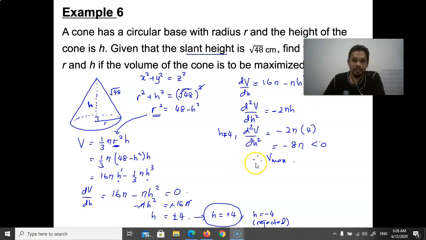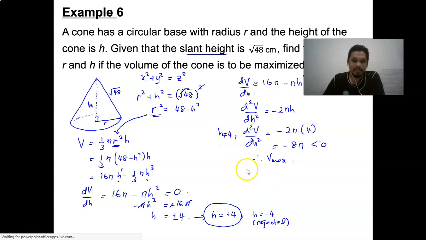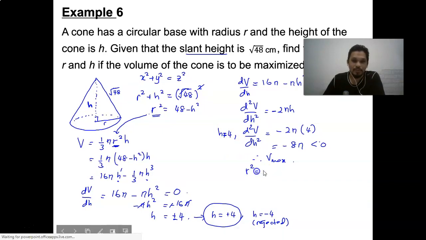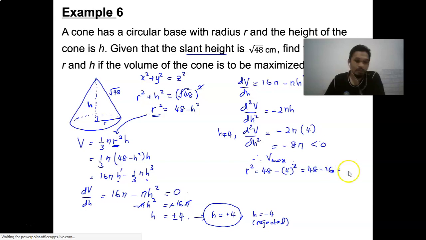Then let's find out what the value of r is when h equals 4. Here r squared equals 48 minus h squared, which is 48 minus 16, equals 32.